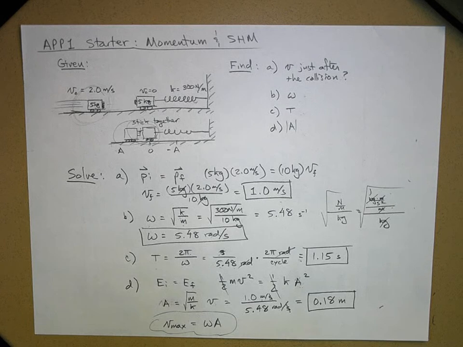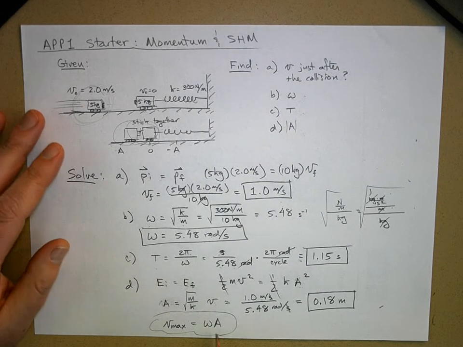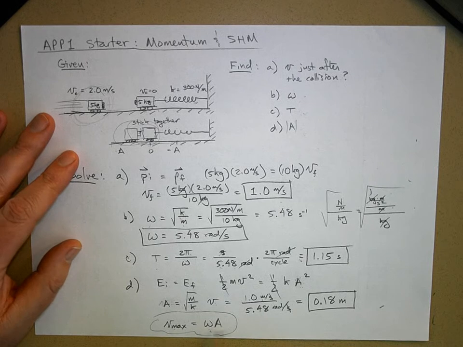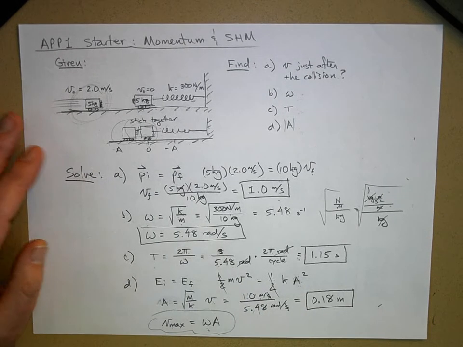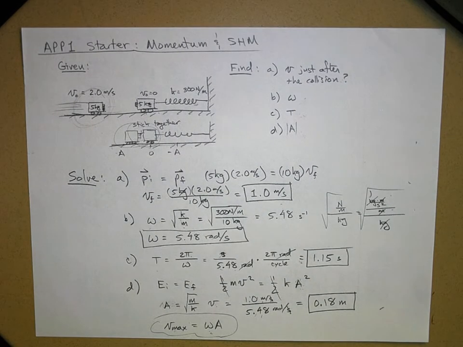They're mathematically very similar. So if you solve for A, you're going to get v max divided by omega, which is exactly what we did. Any questions? That is all.